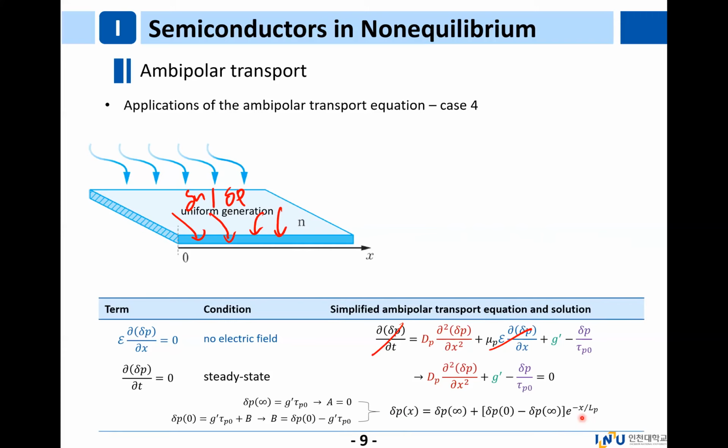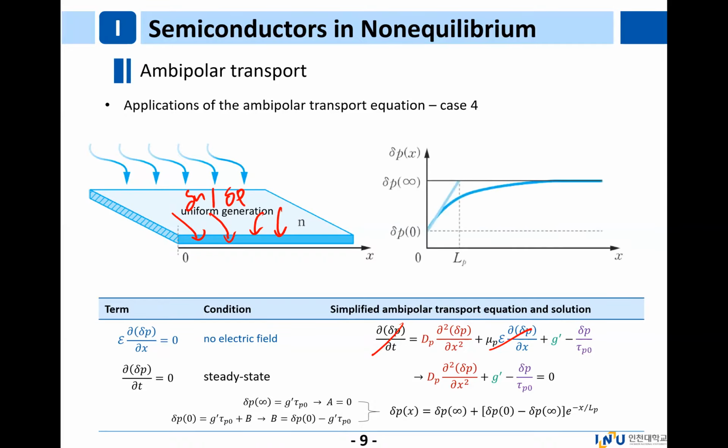Here, this one, L_P, represents the diffusion length of excess majority carriers, and it can be visualized in the graph as follows.